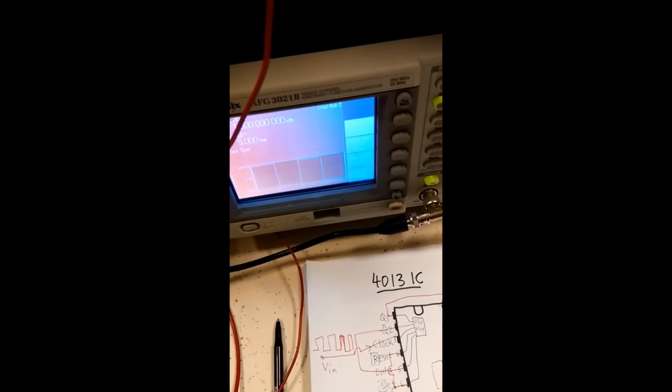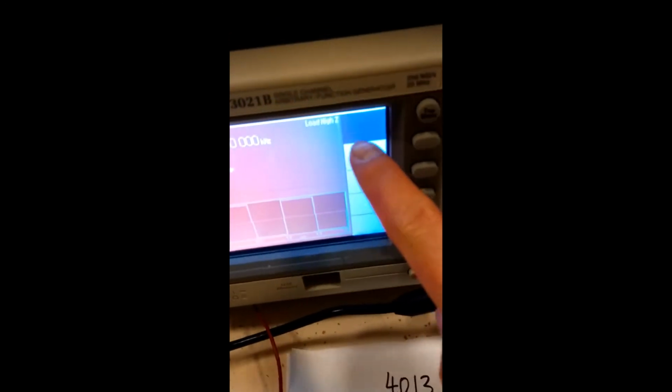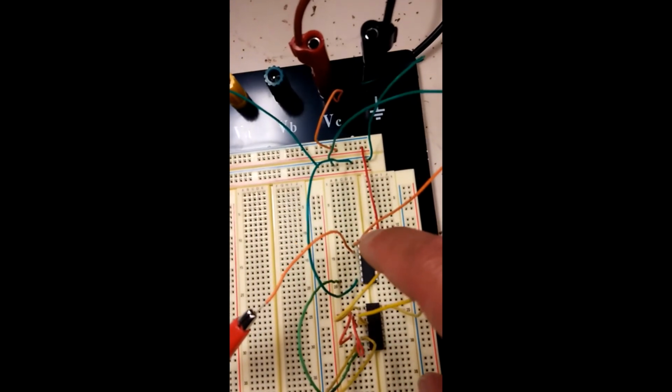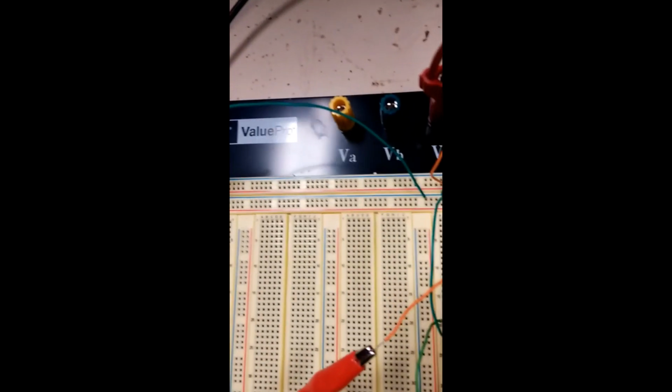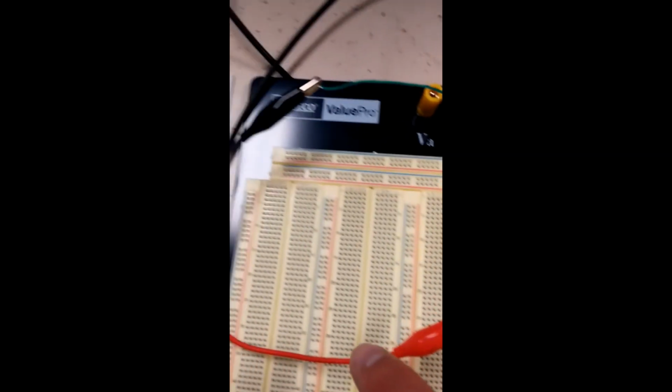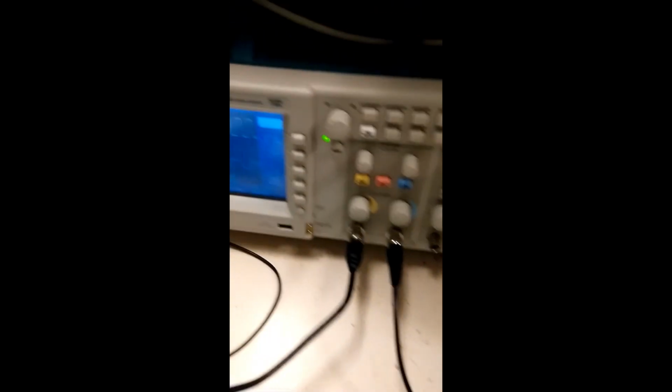So I have turned on everything, with 5 volts peak to peak at 1 kilohertz. Remember, we use load high Z, and the output from pin number 2 of the 4066 goes to the second channel, which is blue.